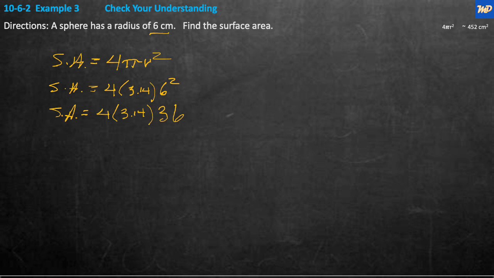Yeah, it's 144. And it's equal to 144 times pi, 3.14. And that's the SA. And when you carry that out, it's approximately equal to 452 centimeters squared. 452 centimeters squared. That's the surface area of that sphere. Okay?